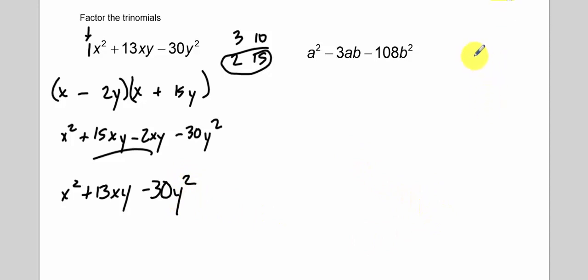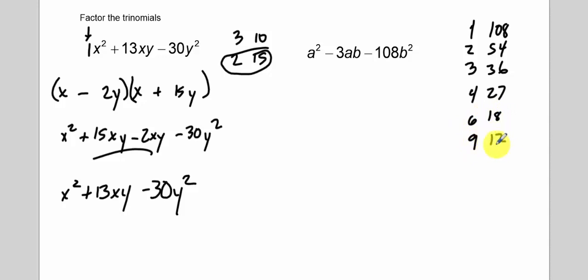108 is another one of those that we don't necessarily know all our multiples of, so let's go ahead and list them all out. We've got 1, 108, 2, 54, 3, 36, 4, 27, 6, 18, 9, 12.